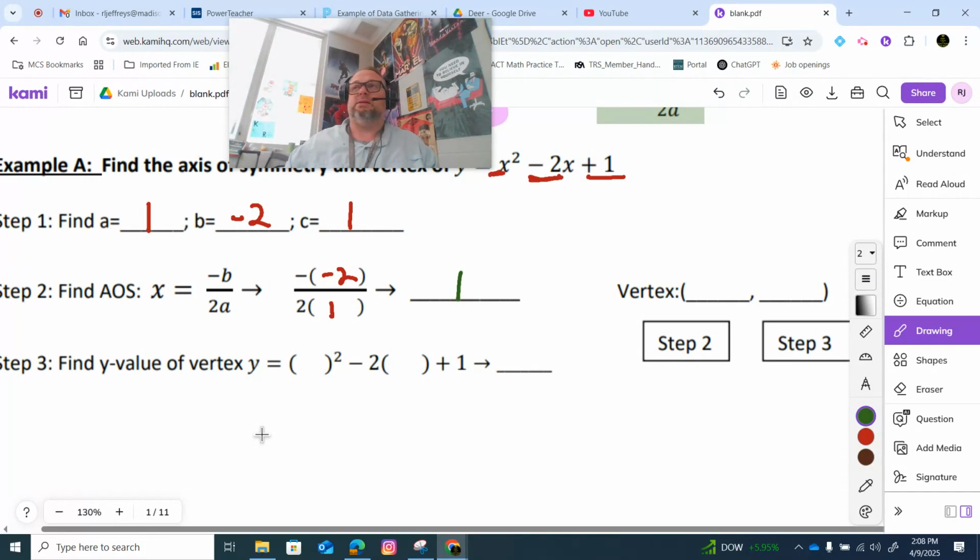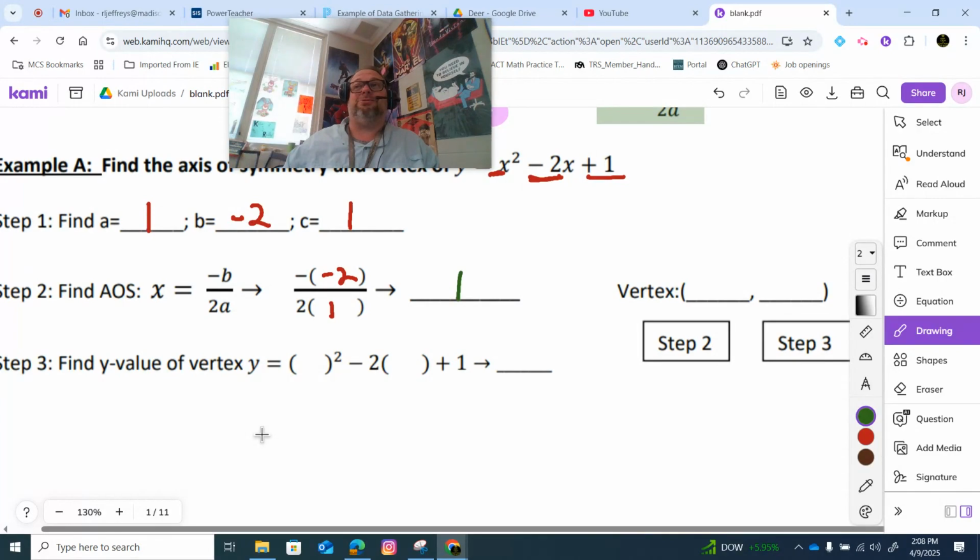Where's the X? Yes, B is the number in front of X. That's why we only wrote -2 right here. We didn't write -2x. Does your paper look like the TV?